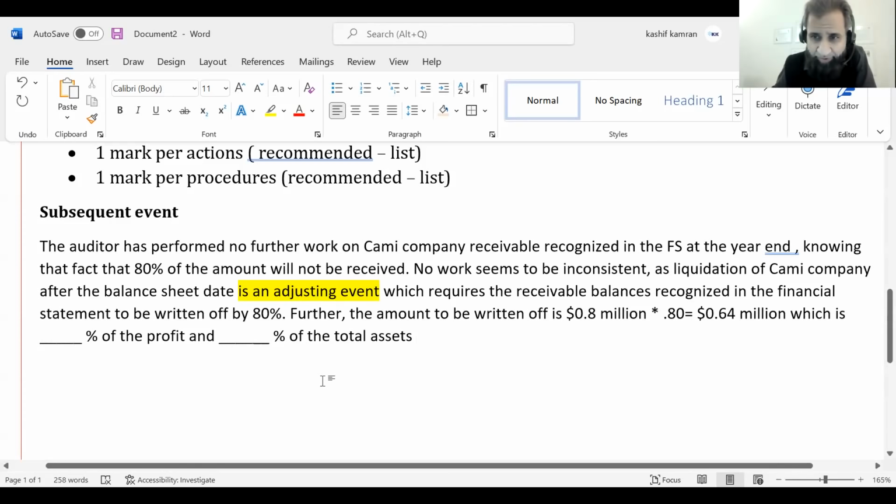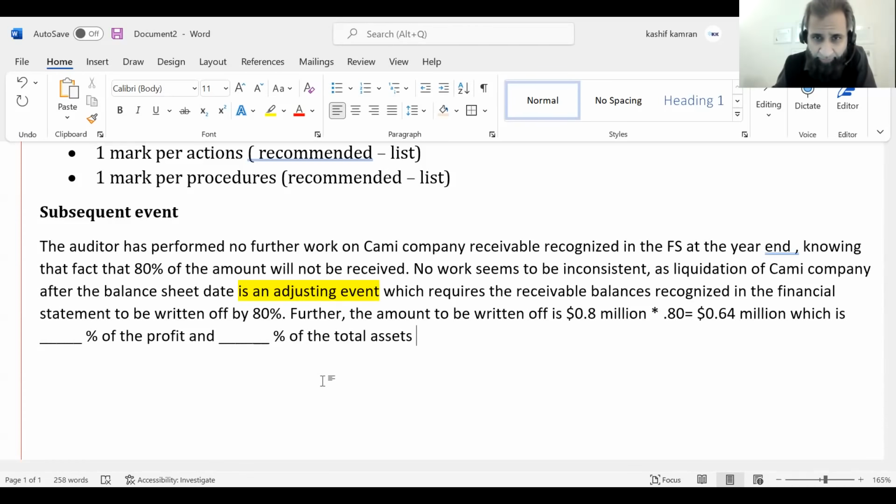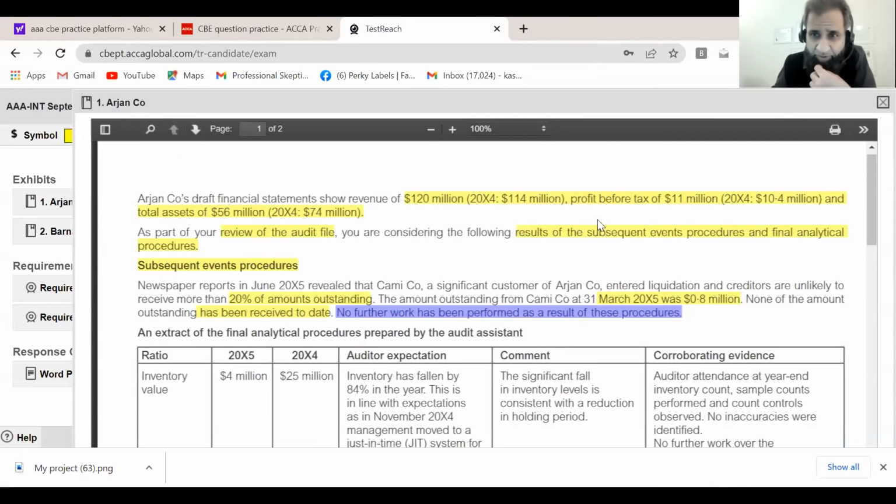How much is 0.64 million of the profit? If I can show you the exhibit. Okay, how much is the profit? 11 million. So can you find the materiality of 0.64 million versus 11 million? Can you divide 0.64 million by $11 million and give me the percentage quickly, all of you?